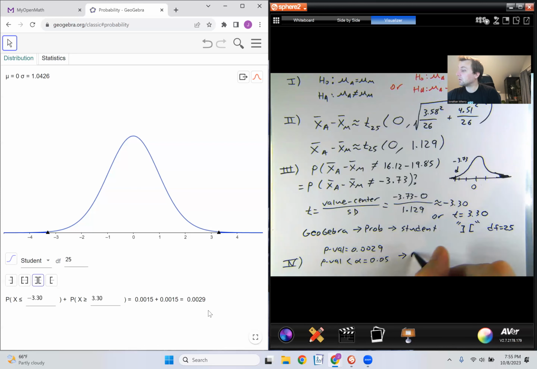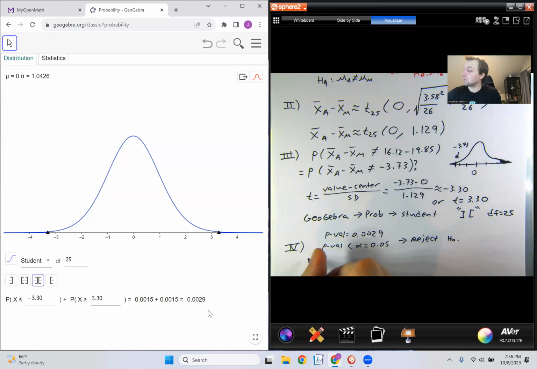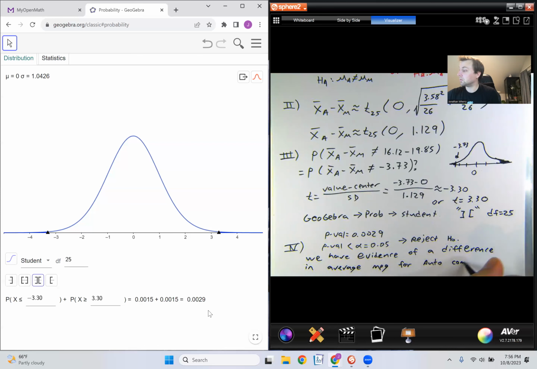So I would reject the null hypothesis, which means I have evidence, or we have evidence, of a difference in average miles per gallon for automatic compared to manual.